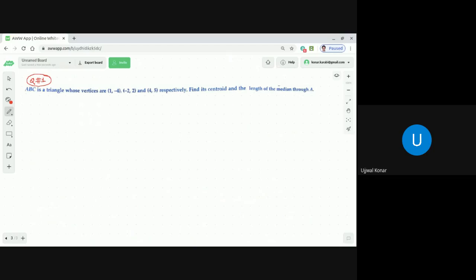Find the centroid and the length of the median through A. So finding the centroid, we know how to do it, and we also need to find the length of the median through A. Let's first draw the diagram to represent this triangle ABC, dear students.